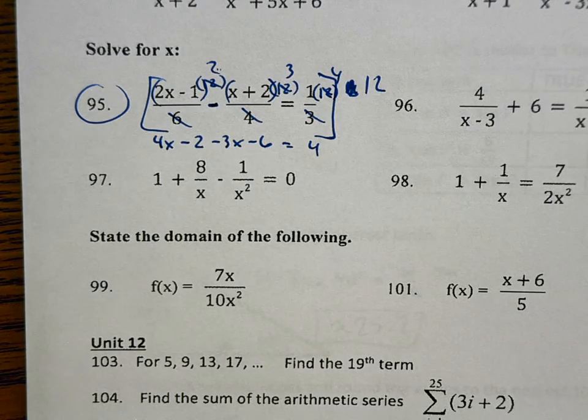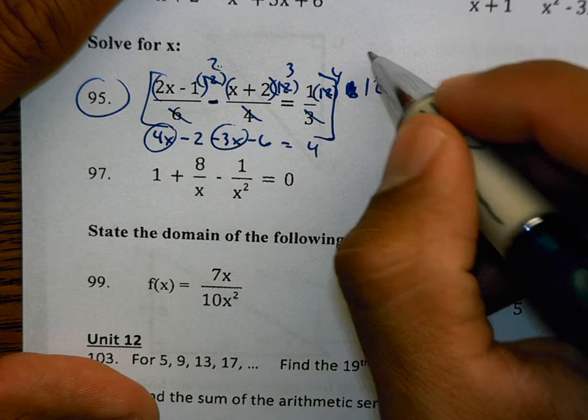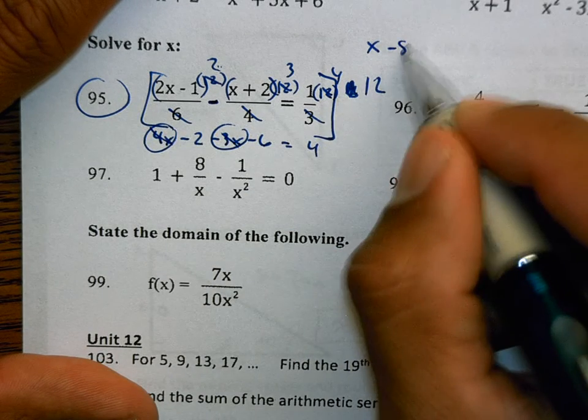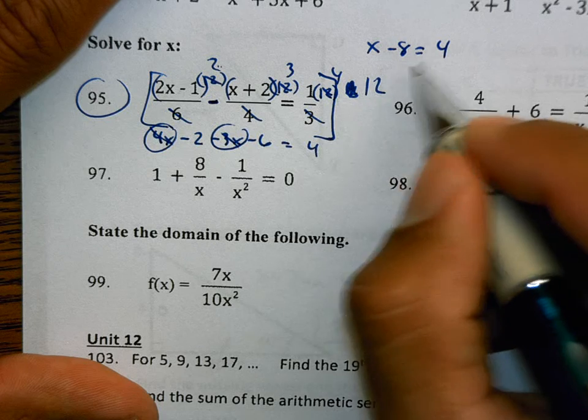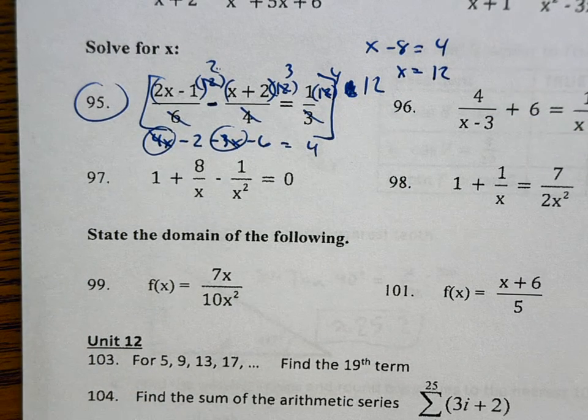Once we get there, combine your like terms. x minus 8 equals 4. Add that over, and you should get that x is equal to 12.